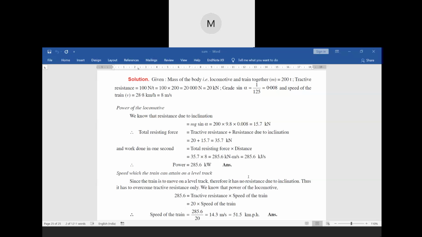Now the total resisting force will be tractive resistance plus resistance due to inclination. We found the total resisting force, and it comes out to be 35.7 kilonewton. Adding tractive resistance and resistance due to inclination gives the total resisting force.